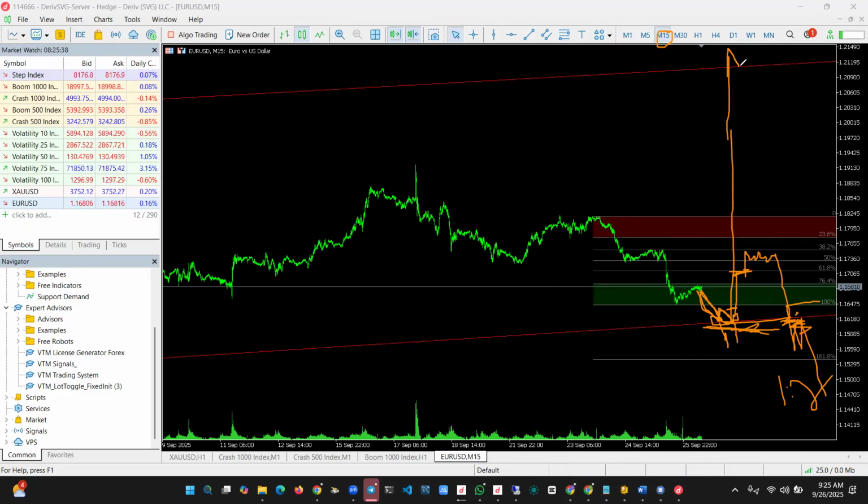If it does something like this and could not break this line downward and makes this move, wait for the candle to close. If the candle closes bullish, go ahead and take a buy, and your SL should be 20 pips from your entry. Your TP should be 40 pips from your entry. I don't know if that makes sense.